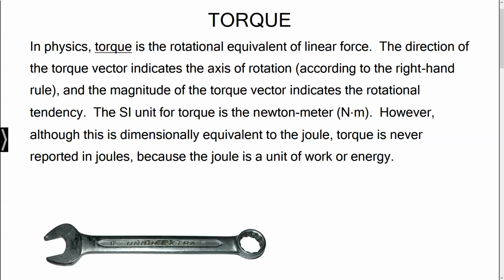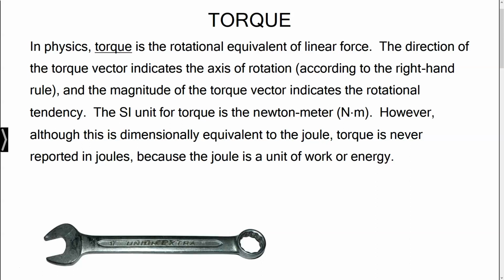The direction of that vector indicates the axis of rotation, so you're always rotating about an axis. And that is given according to the right-hand rule, and I'll go over that in just a second. The magnitude of the torque vector is usually what is stated as the torque.